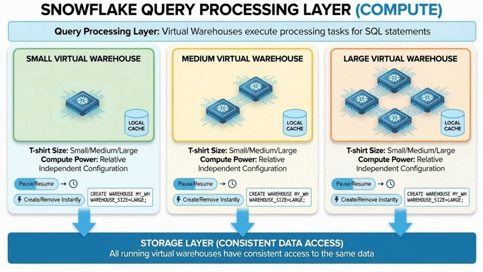Behind the scenes, all warehouses access the same storage layer, ensuring consistent and up-to-date data for everyone. In summary, the compute layer provides elastic scaling, workload isolation, and cost efficiency, which is a major advantage of Snowflake. In the next slide, we'll look at the cloud services layer, which coordinates security, metadata, and query optimization across Snowflake.